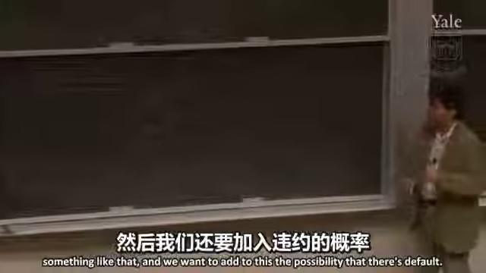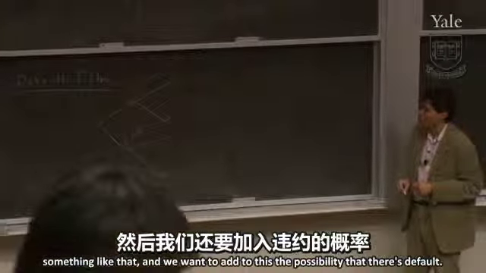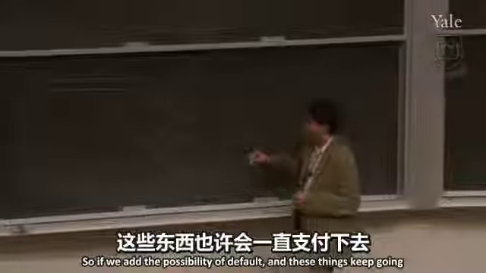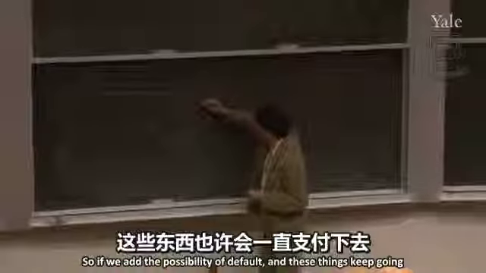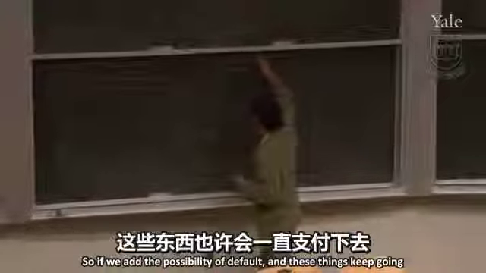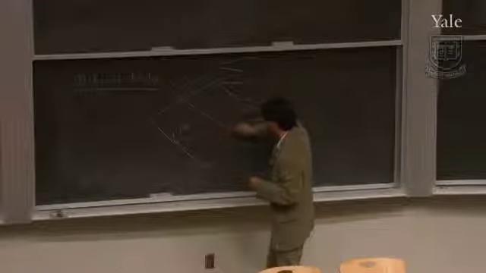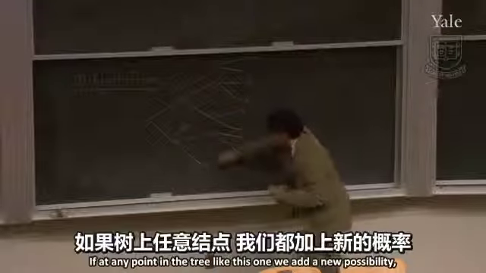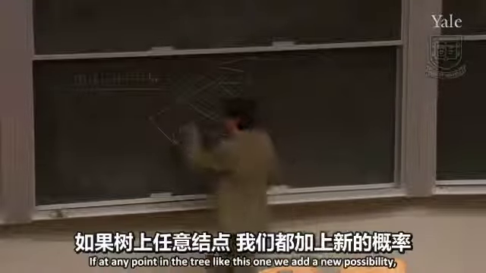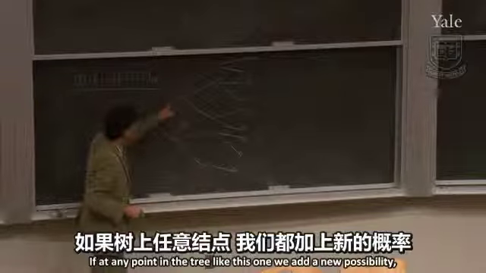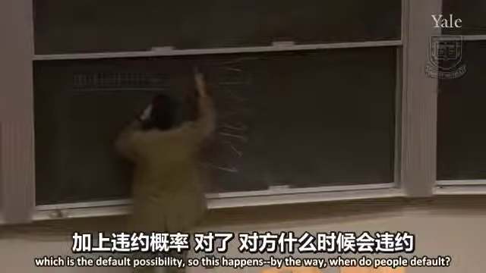And we want to add to this the possibility that there's default. So if we add the possibility of default, and these things keep going, and maybe there are payoffs at the end or payoffs along the way. At any point in the tree like this one, we add a new possibility, which is the default possibility.